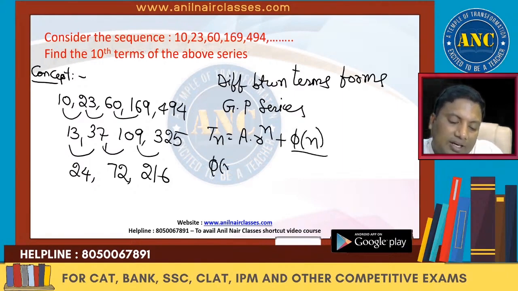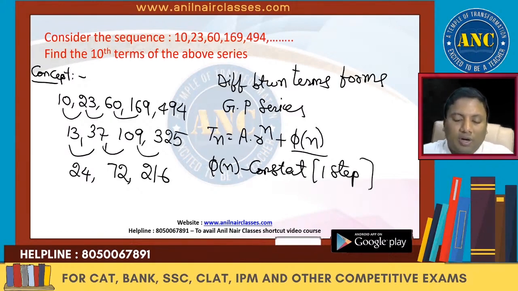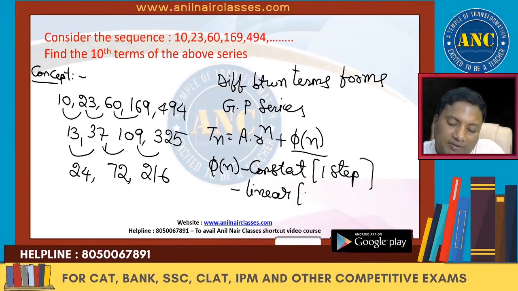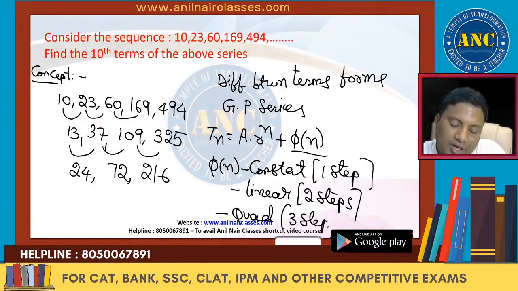Phi of n will be constant. If the difference between the terms is forming a GP series in one step, this is nothing but linear. If it is forming a GP series in two steps, it is quadratic. If the difference between the terms is forming a GP series after 3 steps.